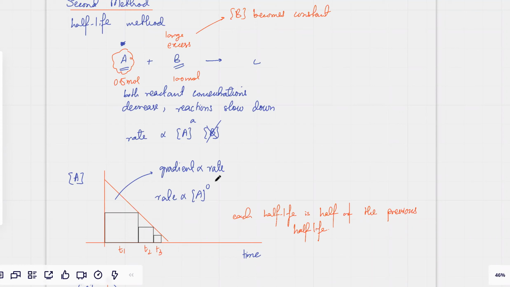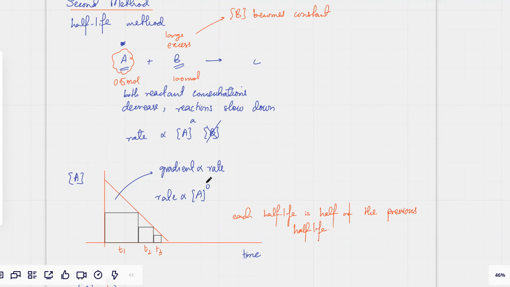If the rate is order 0 with respect to A's concentration, then the speed with which A is decreasing with respect to time, which is the gradient, remember, the gradient of the change that's happening, that's rate. So the speed with which it's decreasing would remain constant, because if A decreases, the rate is unaffected by that.